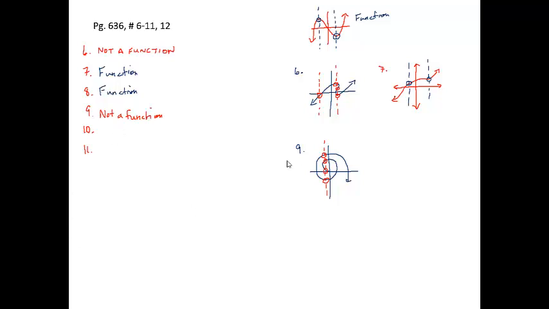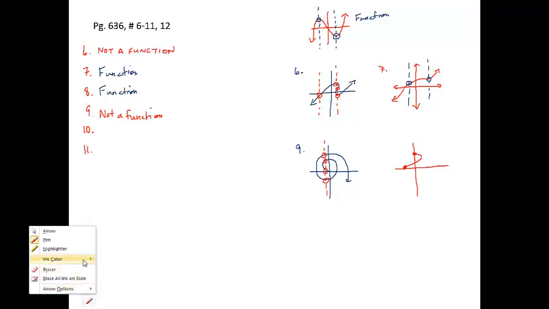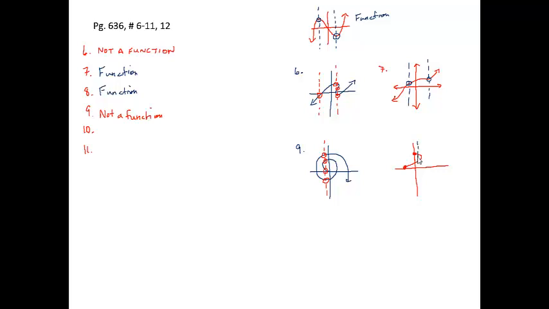Number 10 looks something like this. Let's draw a vertical line. And you see why I keep picking where I know I'm going to hit it more than once. I hit it more than once, therefore this is also not a function.